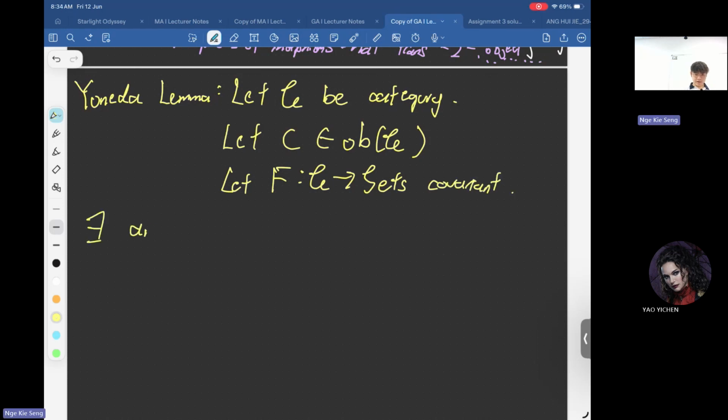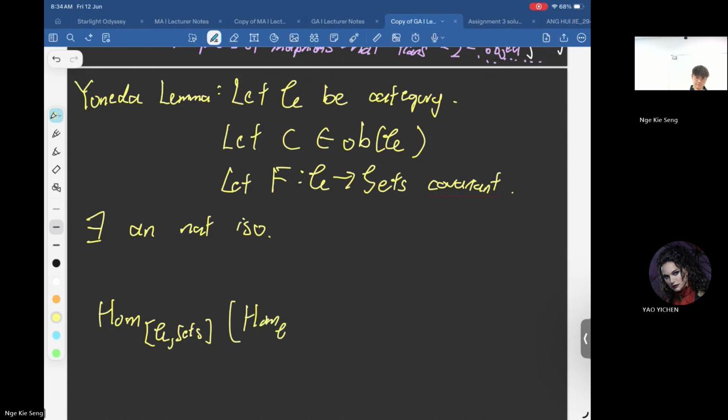Then there exists a natural transformation, sorry, not just a transformation but an isomorphism, between the Hom space here and this F(c).